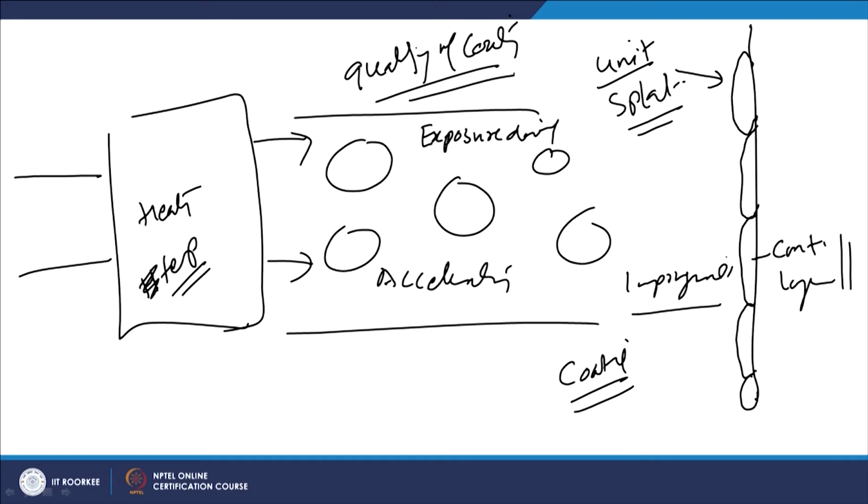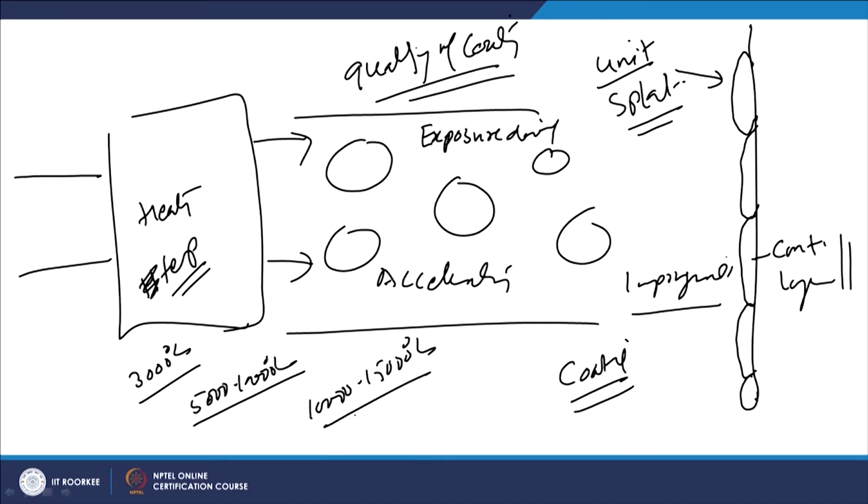Now, since the different heating sources offer different temperatures, in the case of flame spray coatings it is 3000, and 5000 to 10,000 degrees centigrade in arc based processes, and in plasma based processes 10,000 to 15,000 degrees centigrade, and the particles are accelerated to attain the maximum velocities as per the process.